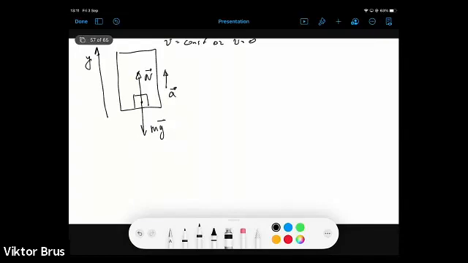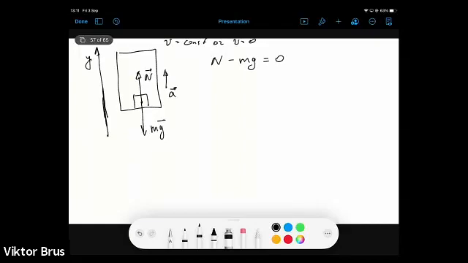So for the previous case, when we didn't have any acceleration, we could write, as a projection of these force vectors on axis y, that positive N minus mg is equal to 0. So that is clear.